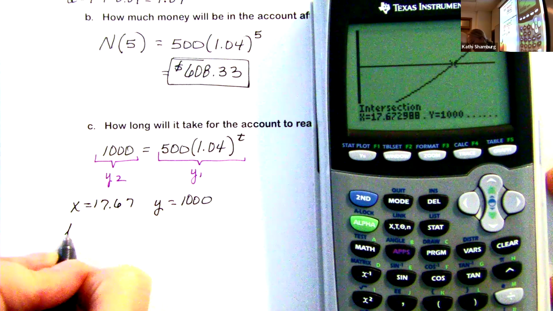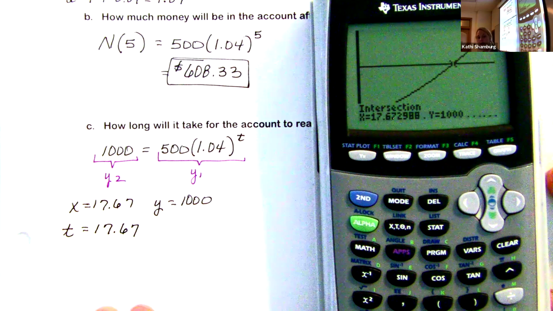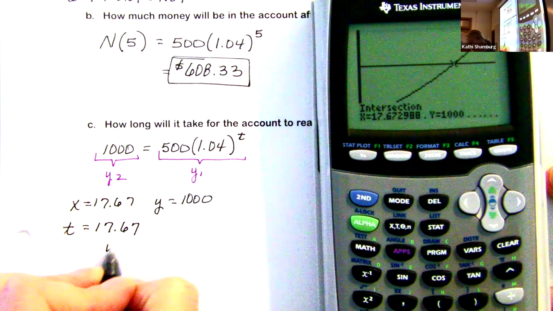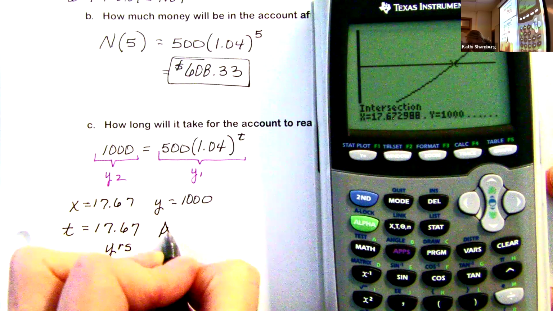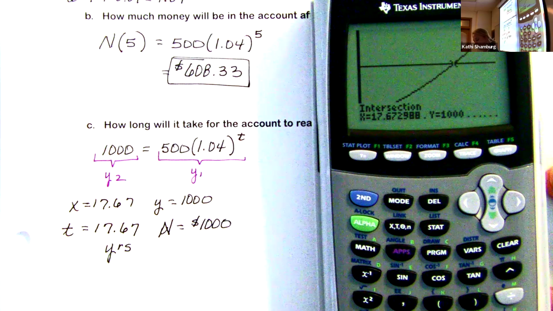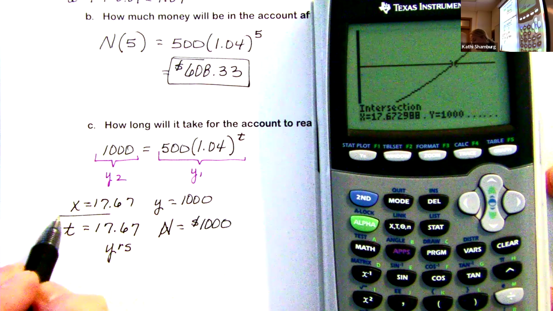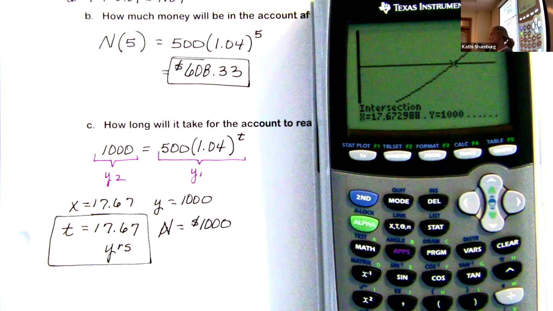So we know our variable is t, so this is 17.67 what? Years. And then we know this is n, which is $1,000, and which one did it ask for? So that's how long it'll take that $500 to become $1,000.